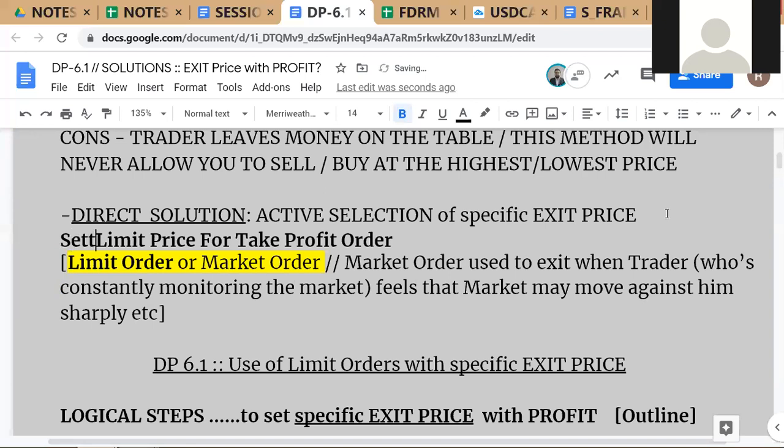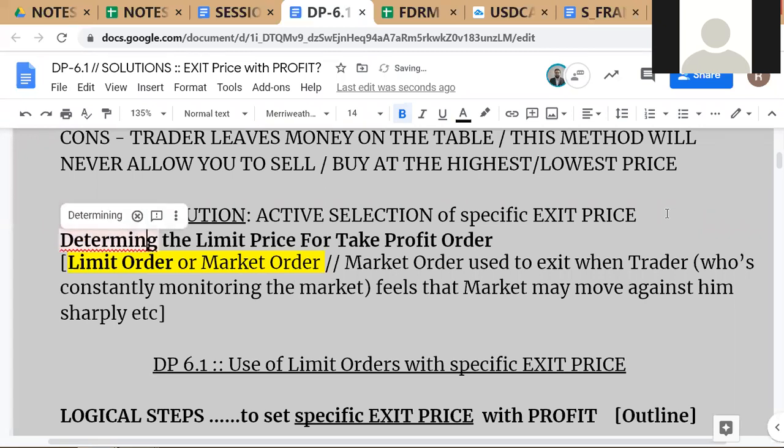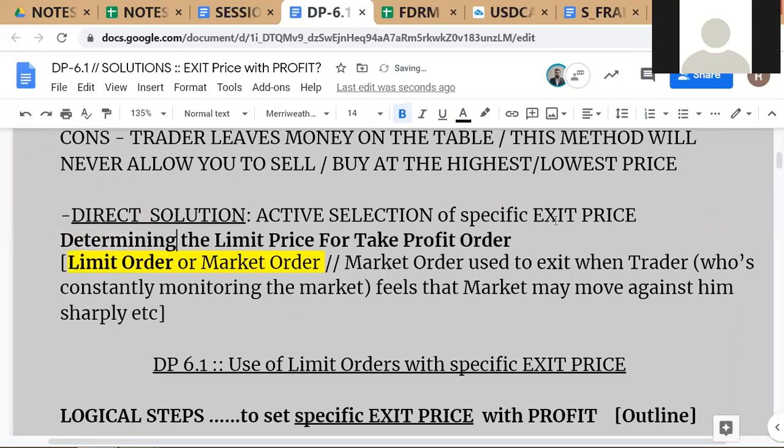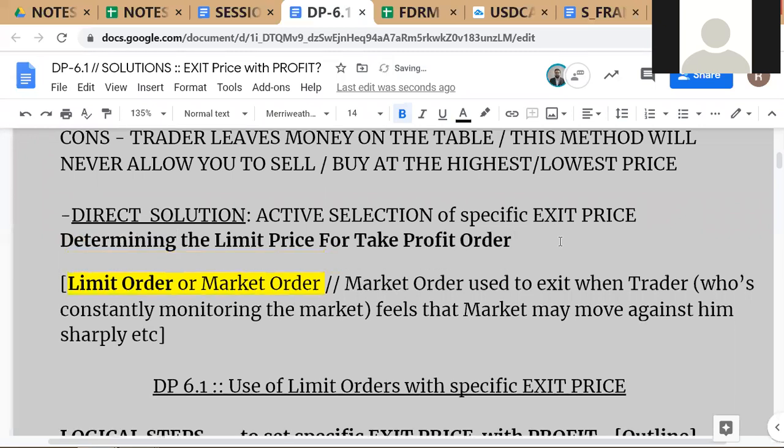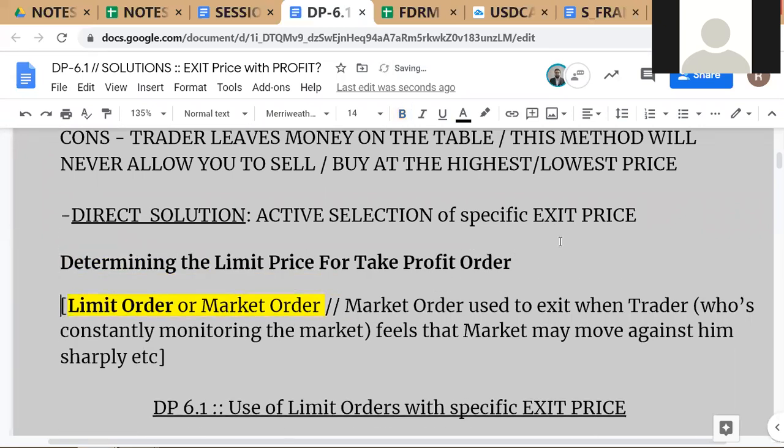Okay, so this is the real problem actually, determining the limit price for take profit order.